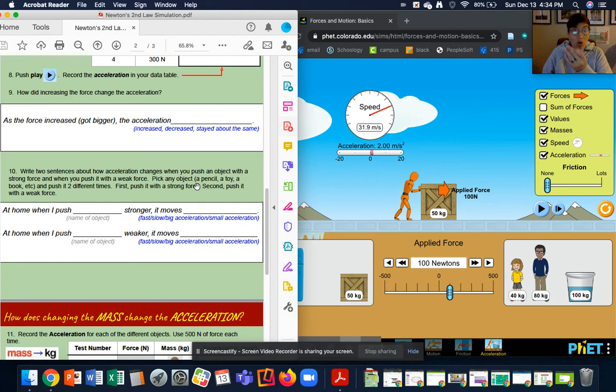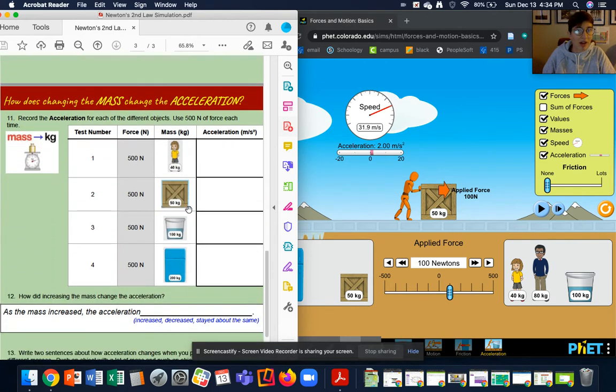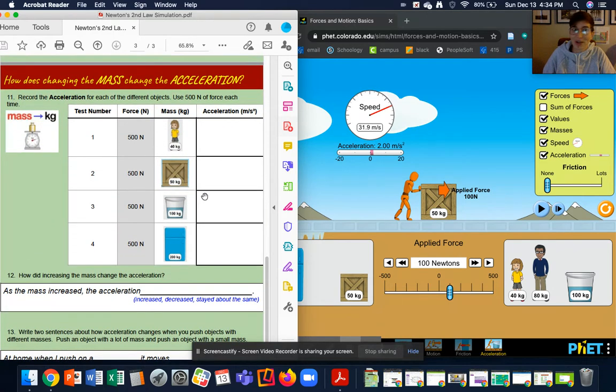So I would write at home, when I push a pen stronger, it moves, and you can decide fast, slow, with a big acceleration, with a small acceleration, describe using one of those how it moved. And at home, when I push a pen weaker, it moves. And you want to push the same object, right? You want to make sure it's the same object with the same mass, because we know mass changes our acceleration.